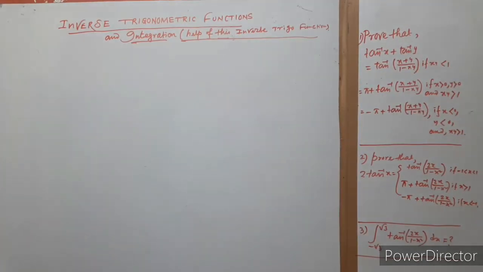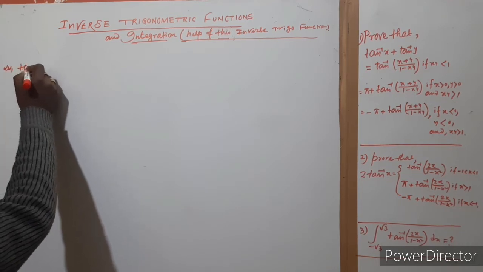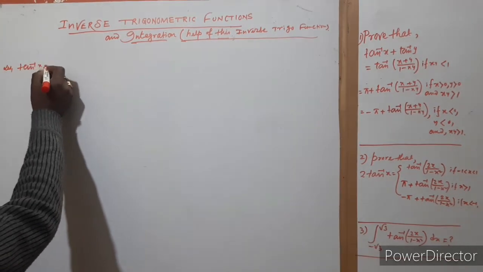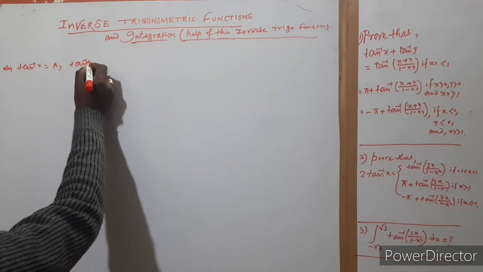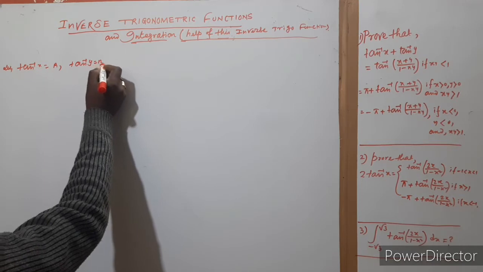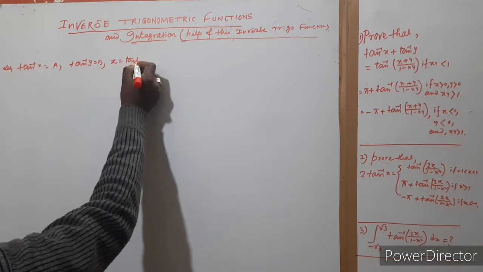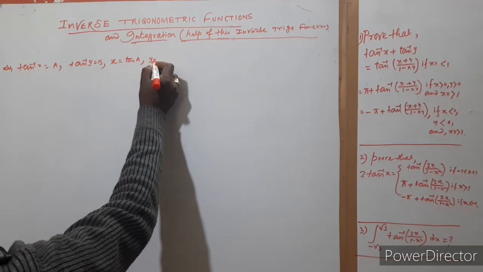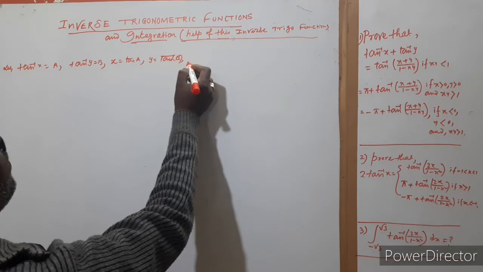Okay, see, for the first point we want to introduce the formula. Let tan inverse x is equal to a and tan inverse y is equal to b. So x is equal to tan a and y is equal to tan b.